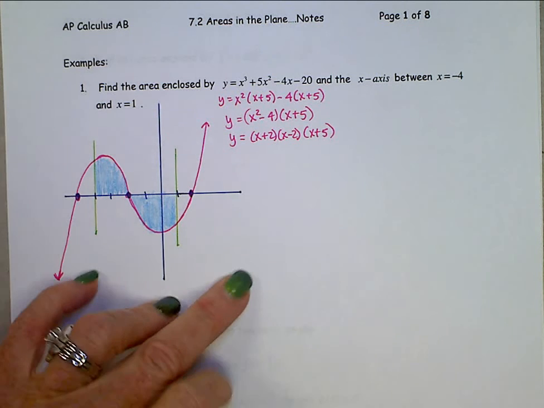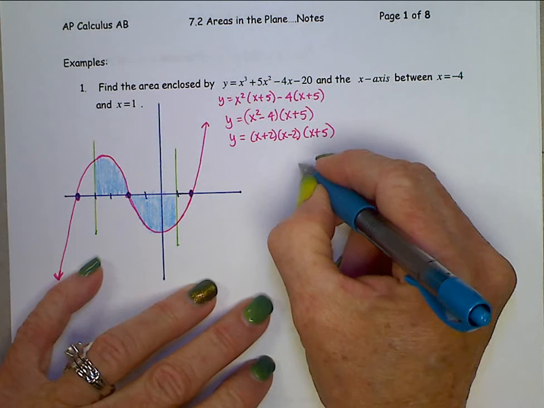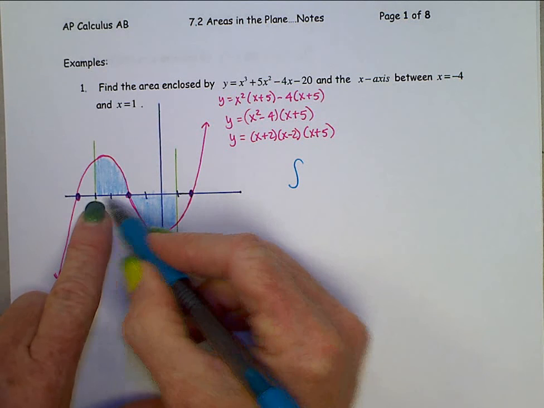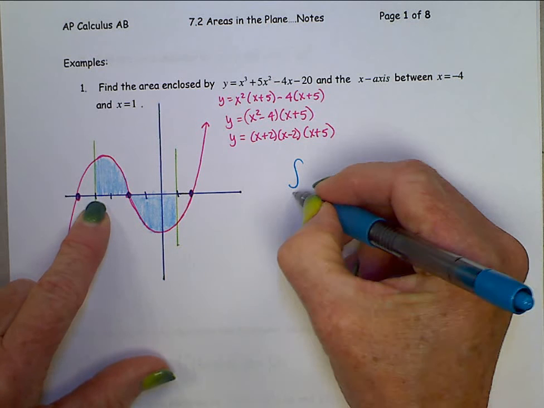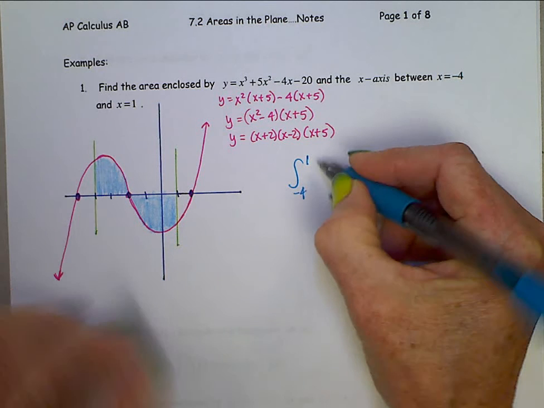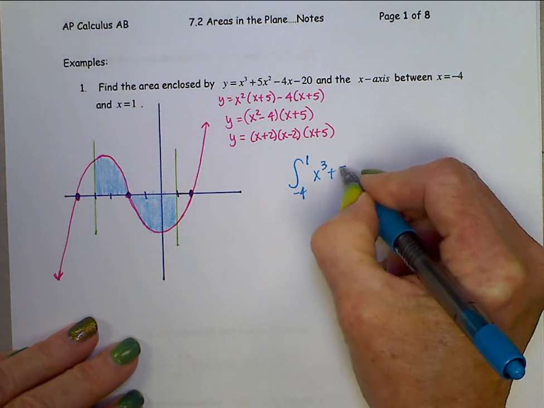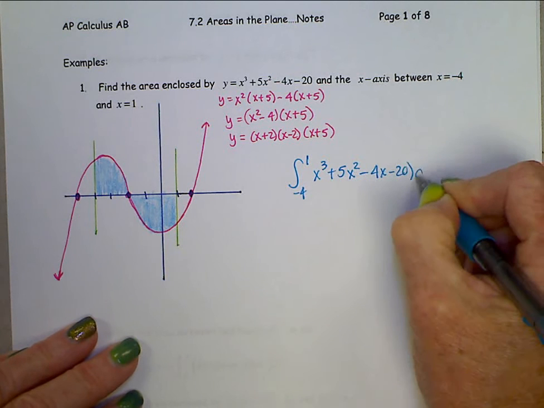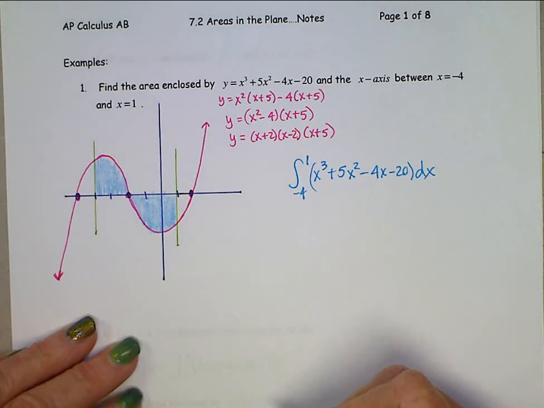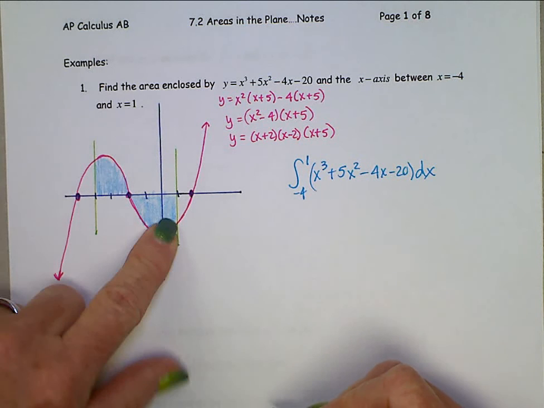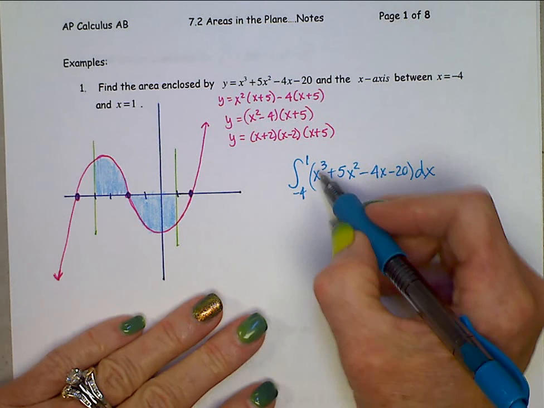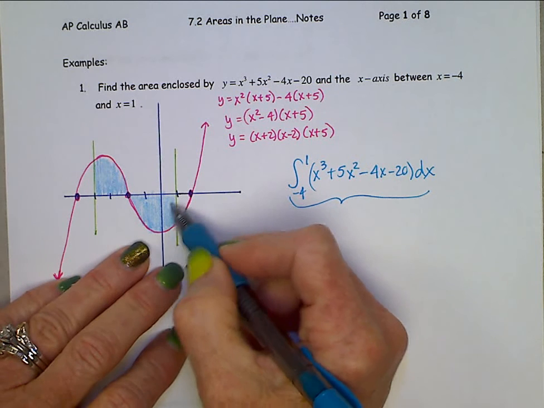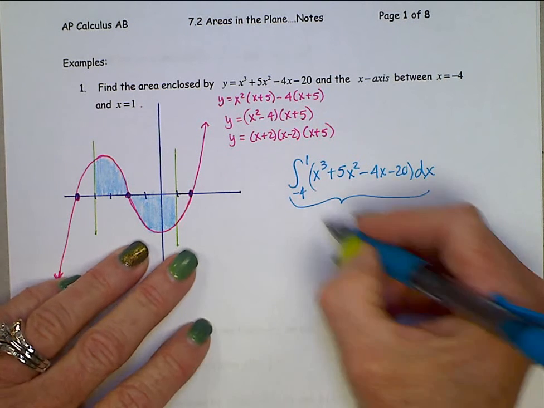If we were to just integrate entirely from -4 up to 1 of this function, x cubed plus 5x squared minus 4x minus 20, that would not give us that total area in here, because this, as an integral, will accept regions underneath the x-axis as negative.